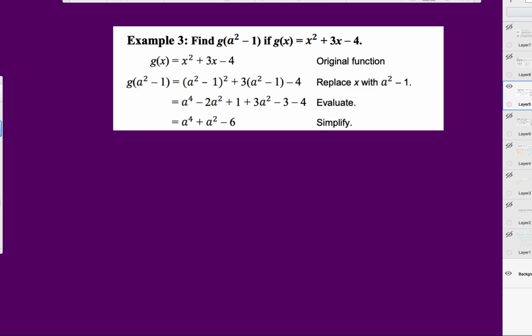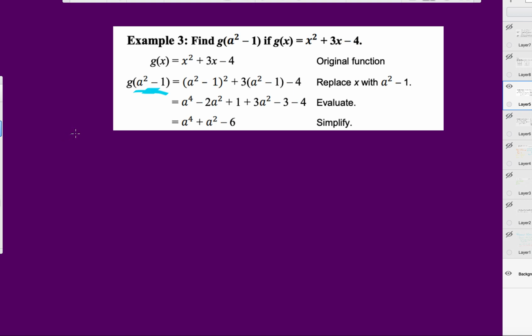And so you see here that they've taken g of x, which is x squared plus 3 minus 4, and they've decided, let's input this guy right here. And everywhere there was an x in the original function, they've put this in there, right? So a squared minus 1 squared, and then you'd have to FOIL it, right?